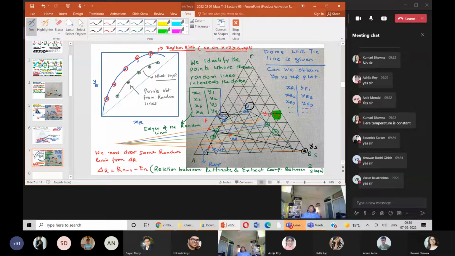If we join these points, what line do we get? Okay, let me ask a question. When you solved the distillation column problem, you all drew an operating line equation. You got an equation of an operating line? Yes or no?